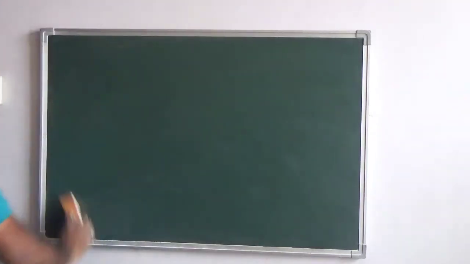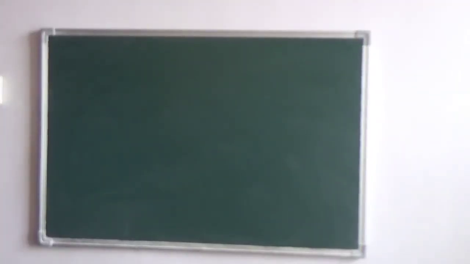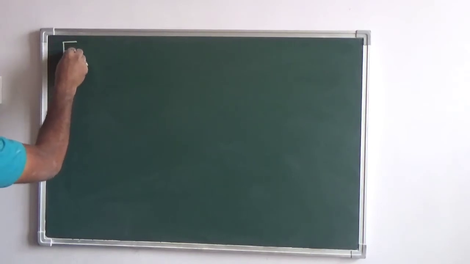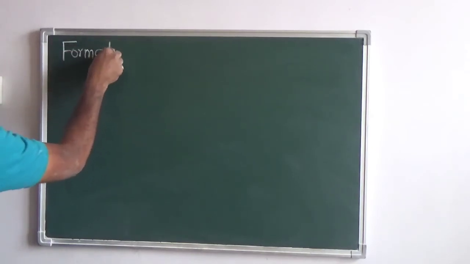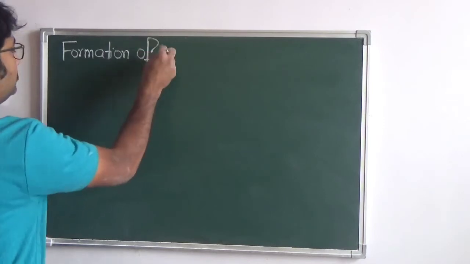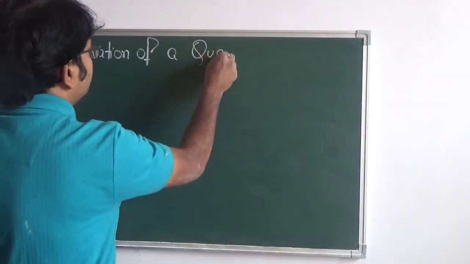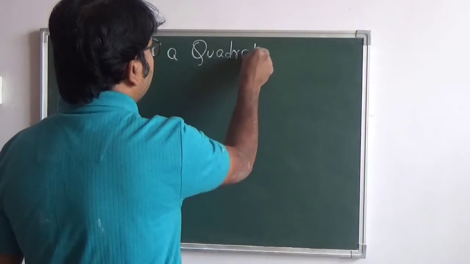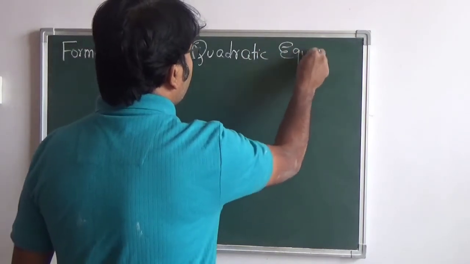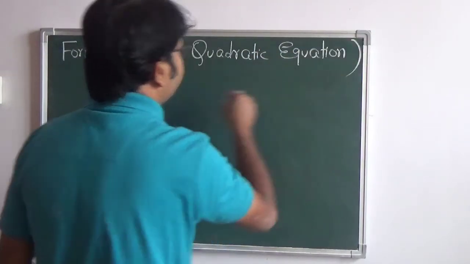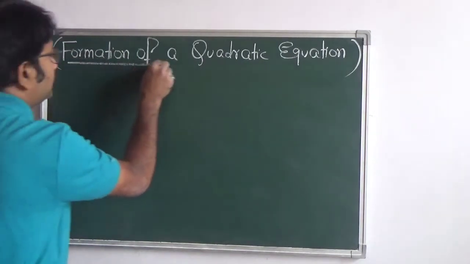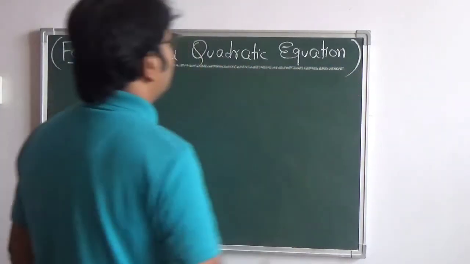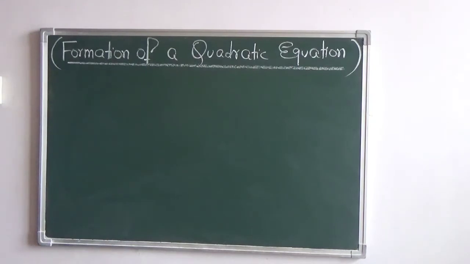The formation of quadratic equation. Formation of a quadratic equation, how a quadratic equation can be formed if we know the roots, that is the sum of the roots and the product of the roots.